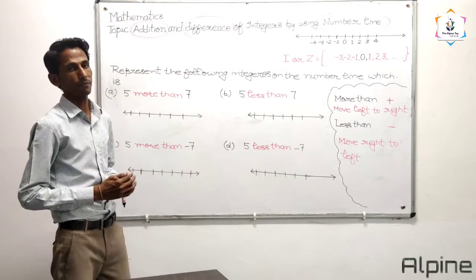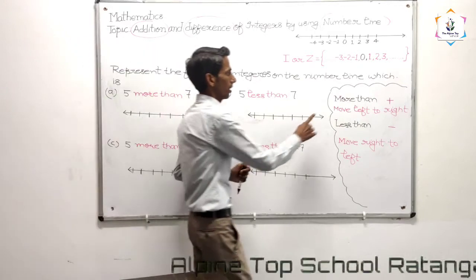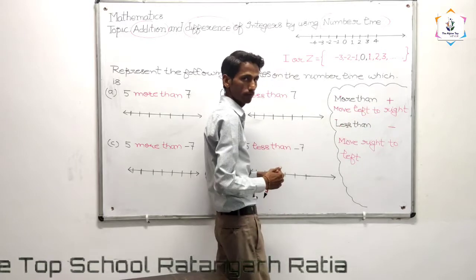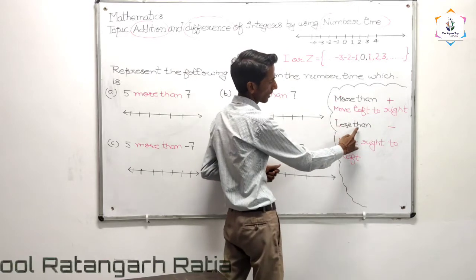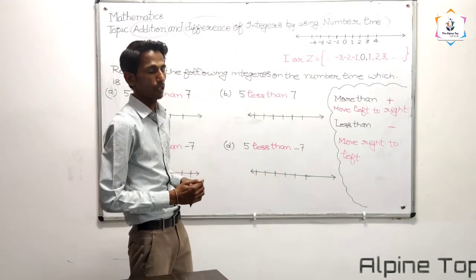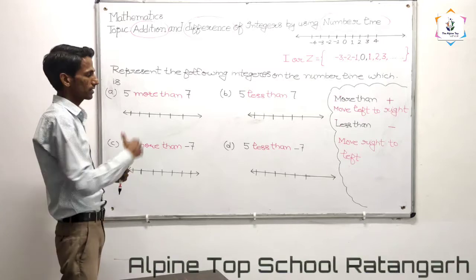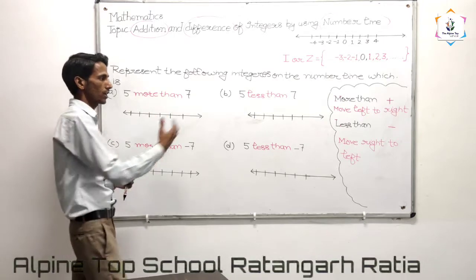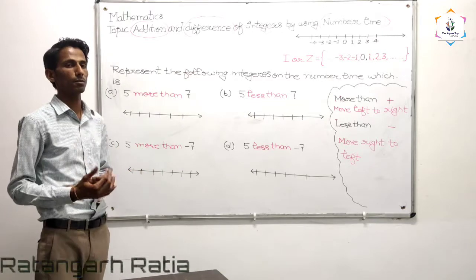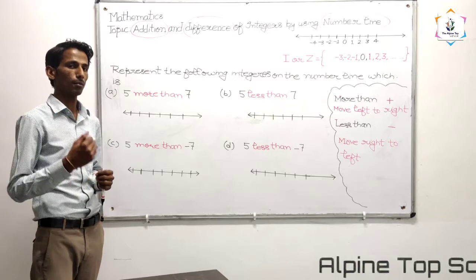The first thing you have to keep in your mind: whenever there is the word more than, use the plus symbol, and whenever there is the word less than, use the negative symbol. Okay, now we are going to implement this. Besides explaining, I will also tell about the representation on the number line, how we can represent the addition and differences of integers.